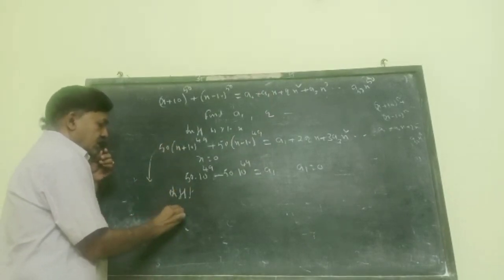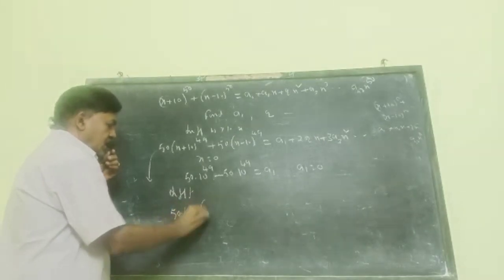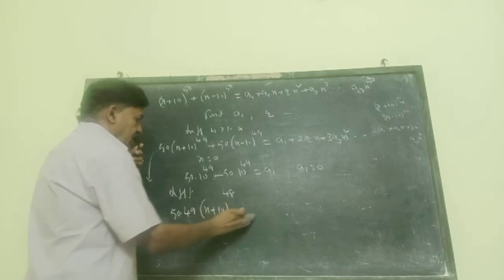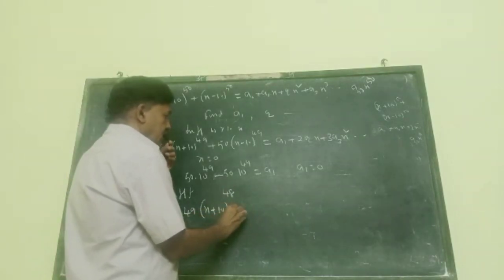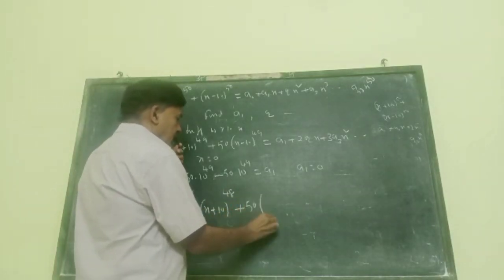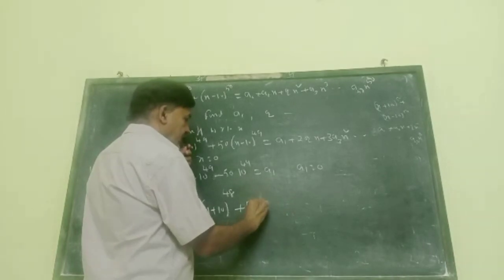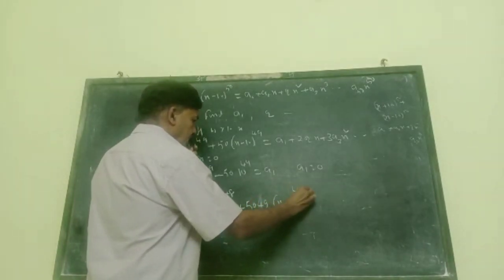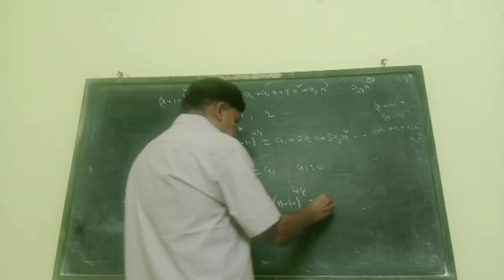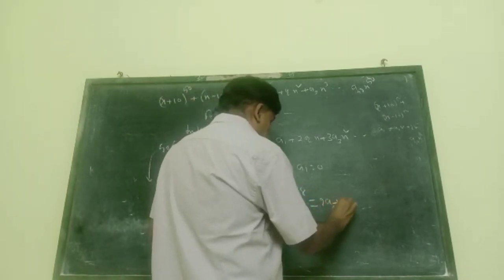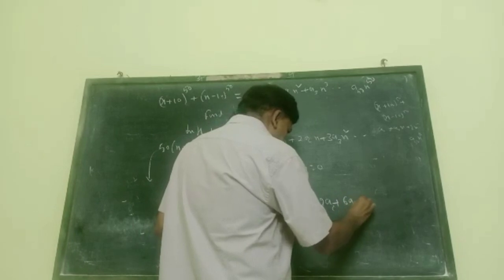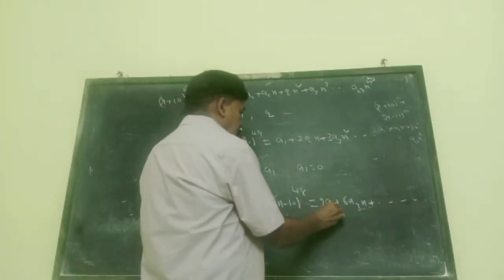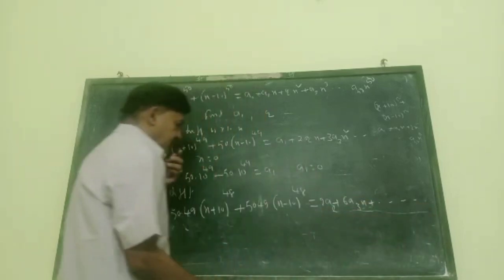This is 50 into 49 into x plus 10 whole power 48, plus 50 into 49 into x minus 10 whole power 48, is equal to 2a2, 6a3x, etc. Except this, all the rest will contain an x term.